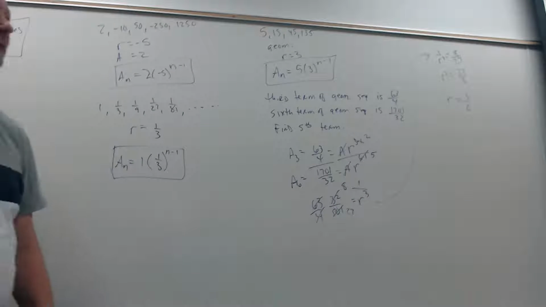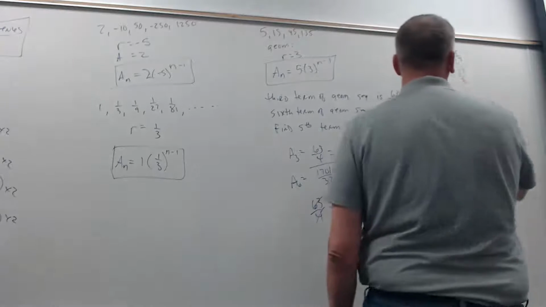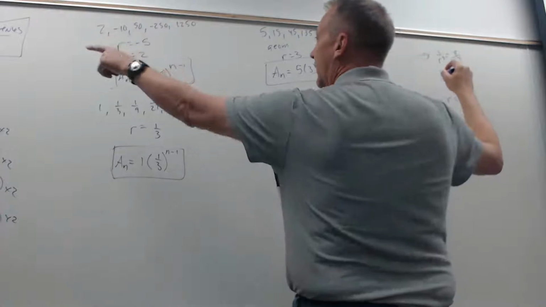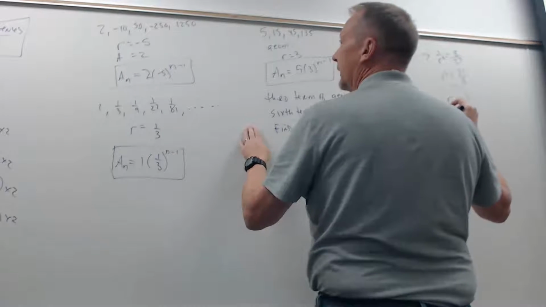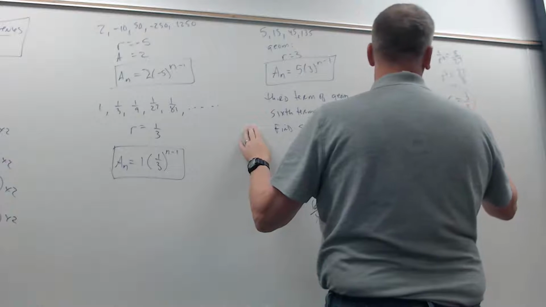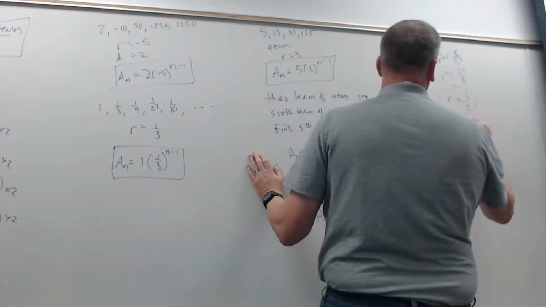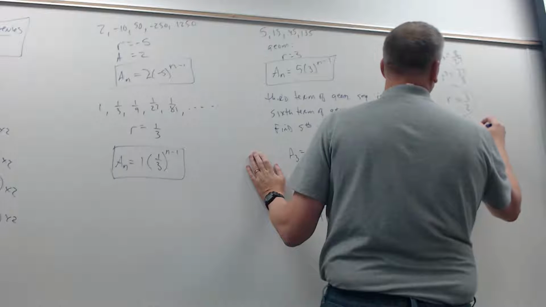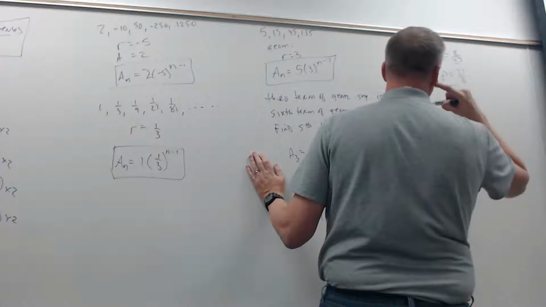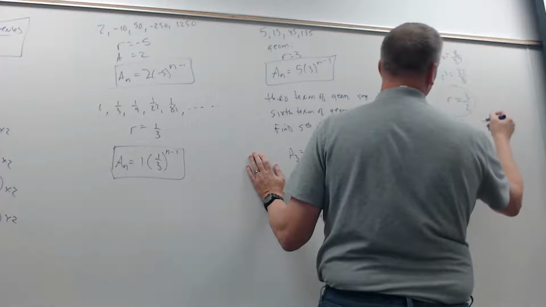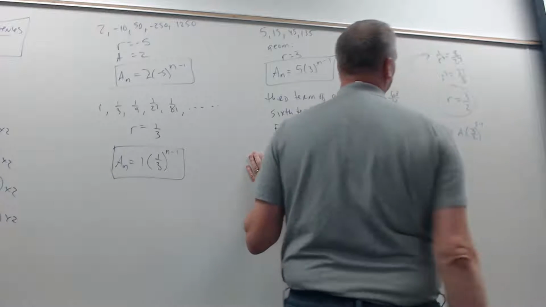Correct? Okay? Now that we've got our ratio, we can plug it back into our original formula and see if we can figure out what a sub 1 is. We want a sub 5 equals a times 3 halves to the, well, actually, there's probably a better way to do this. 5 minus 1.